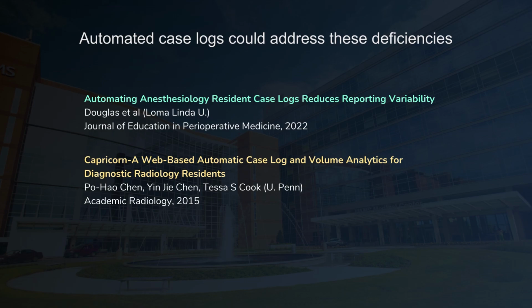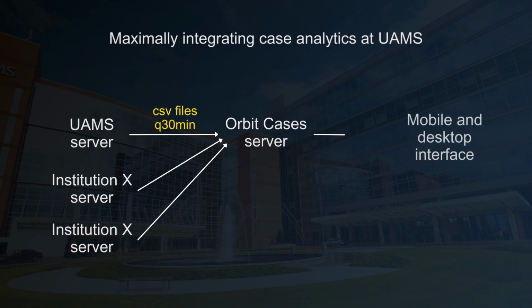And that is why we decided to explore this possibility over the past 2 years with an easy to use platform called Orbit Cases. And here is a diagram that shows how cases flow between the residency program and Orbit Cases. First, our server at UAMS, that is our program, sends case log data every 30 minutes as a simple CSV file, and other programs are also doing this in parallel.